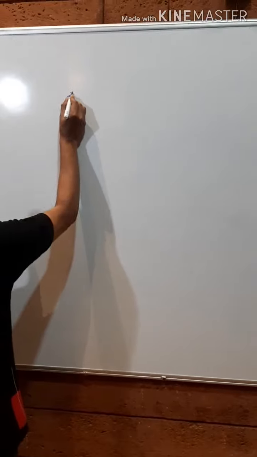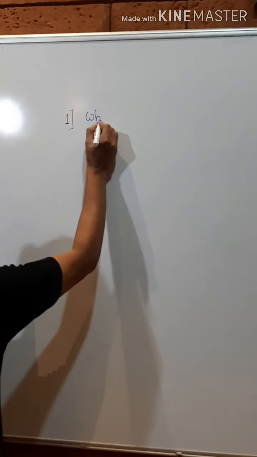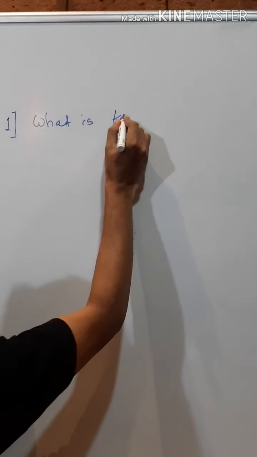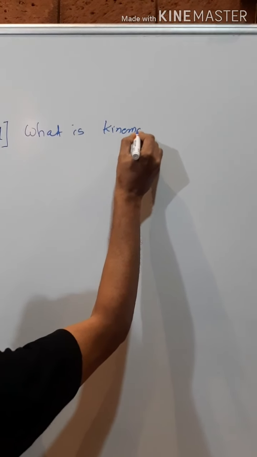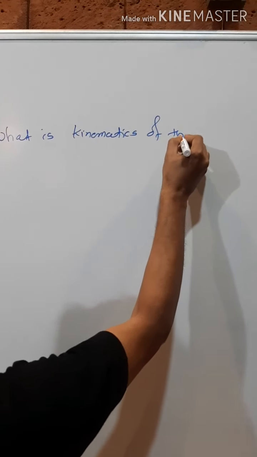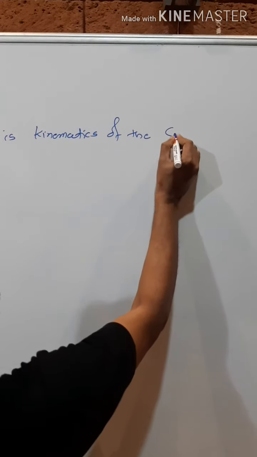Now write down the following questions in your notebook. The question number 1 is what is kinematics? What is kinematics of the circular motion?